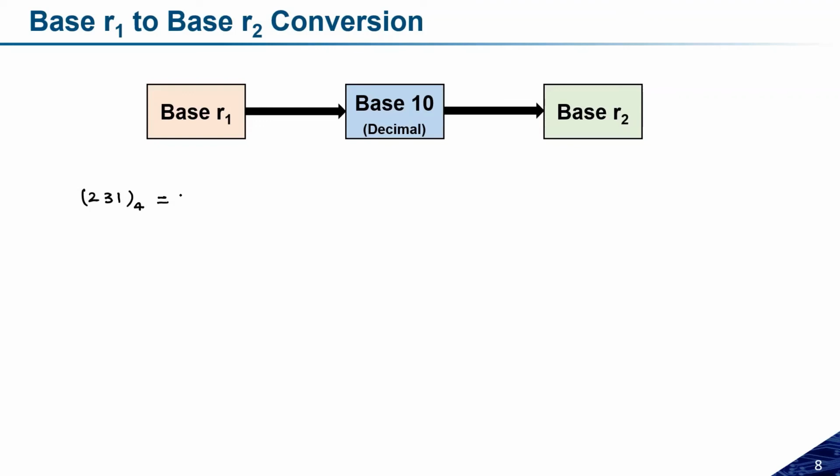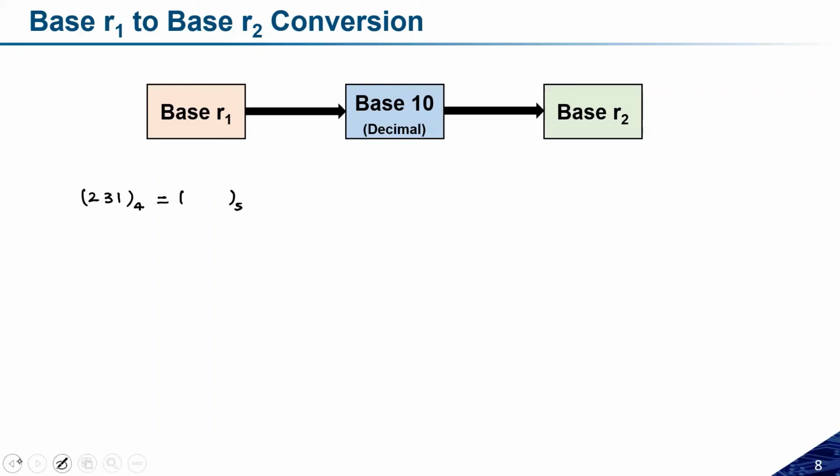And let us assume I have to convert this number into base 5. Let us assume any number. I have the number 231 and I have to convert it. What is the process?